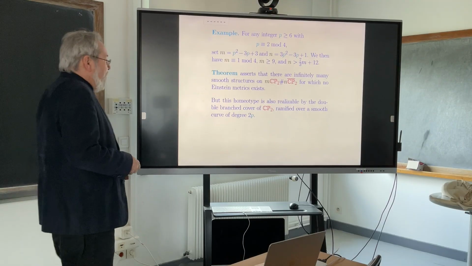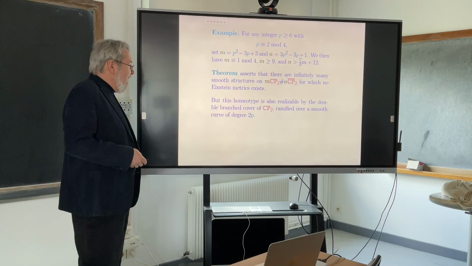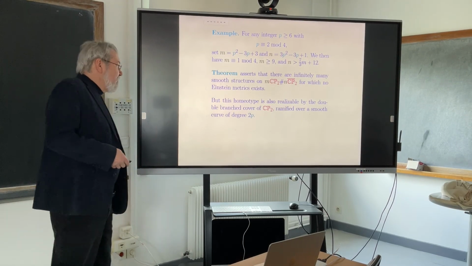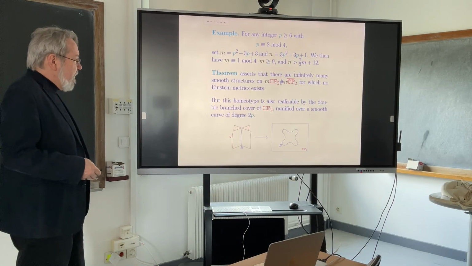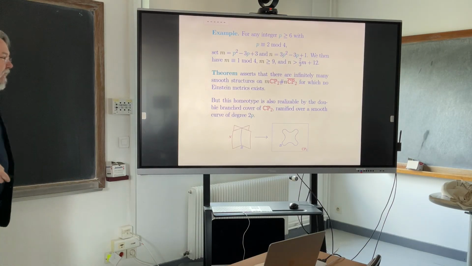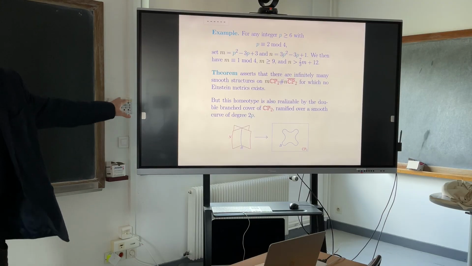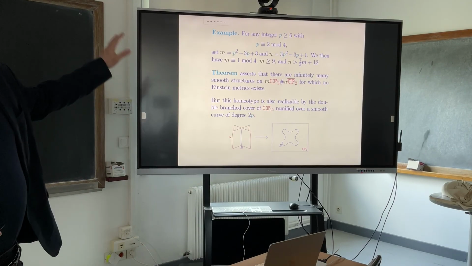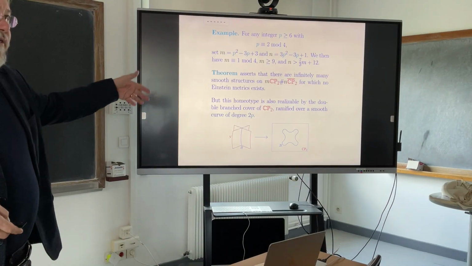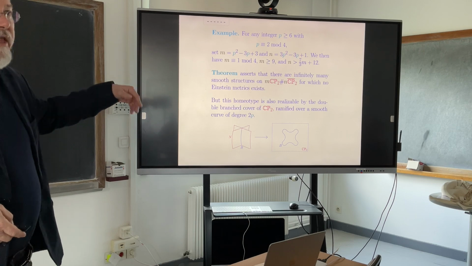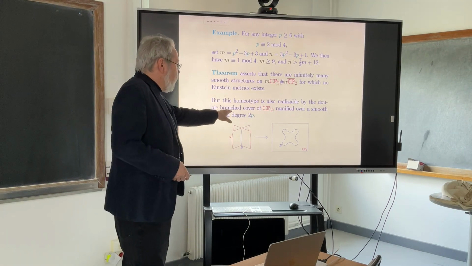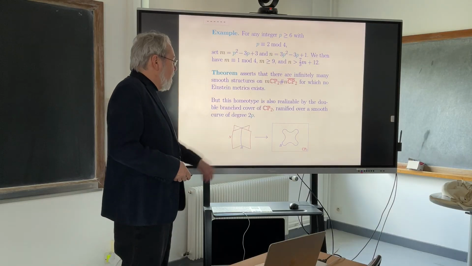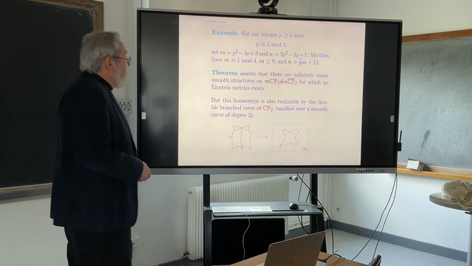But here's a concrete way of realizing that same homeotype by something very nice. You just take a curve of degree 2p in CP2 and take its double branch cover. This is a generalization of something we saw in the last lecture, where I looked at a double branch cover of CP2 branched over an octic. The fact that the degree is twice an integer means that you can take a double branch cover.